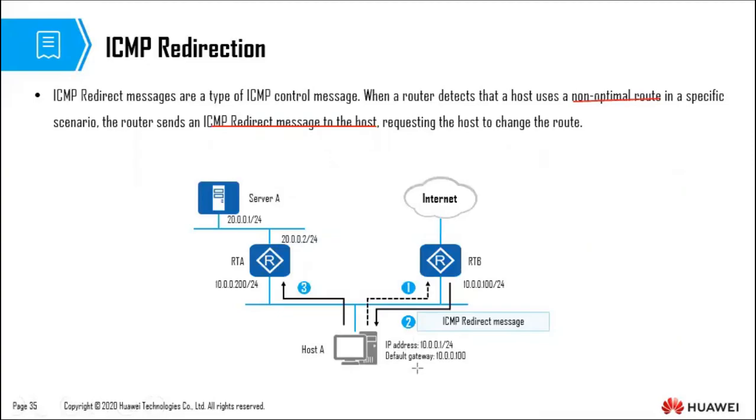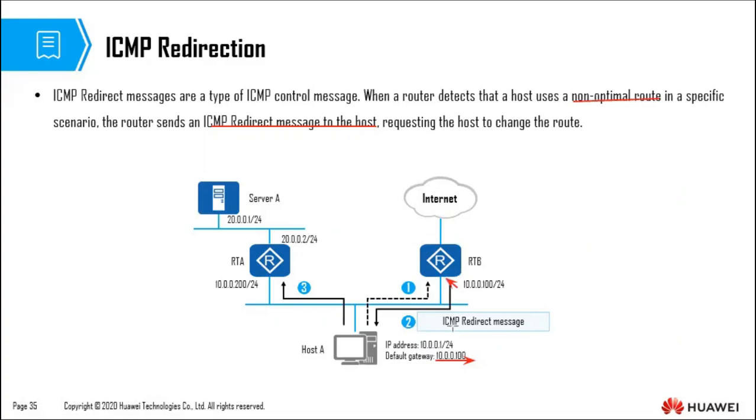I don't know whether I've mentioned this, but generally, other than the IP address and the mask, the other thing you have to configure in your computer so that it can communicate with computers in other networks is a gateway, right? The gateway simply is the IP address of the egress interface, the interface it can use to go to other networks.